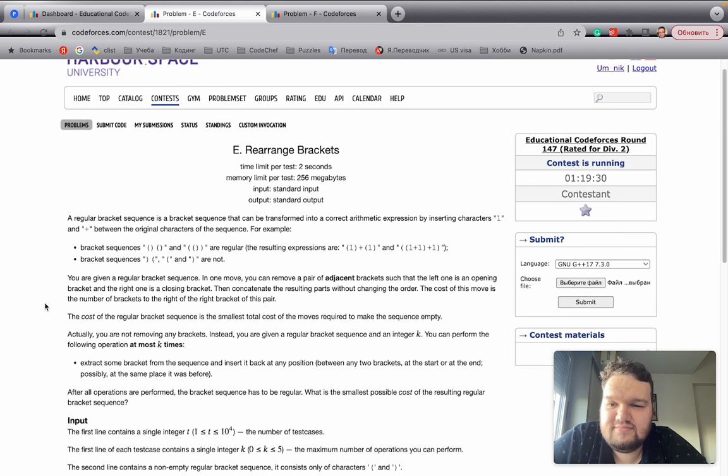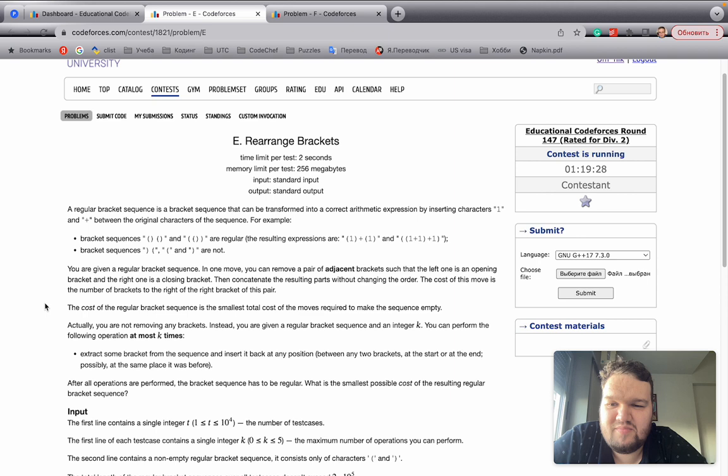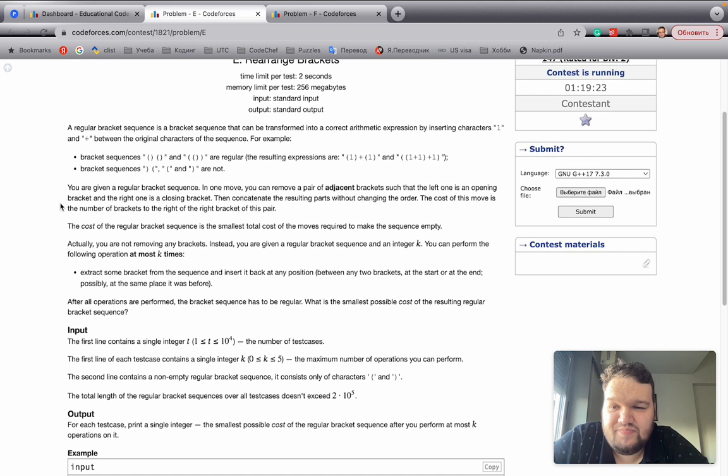Problem E looks like it is about bracket sequences. We are given a regular bracket sequence. In one move, we can remove a pair of adjacent brackets such that the left one is an opening and the right one is a closing, then concatenate the resulting parts.